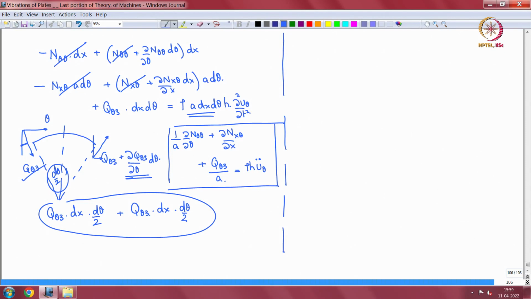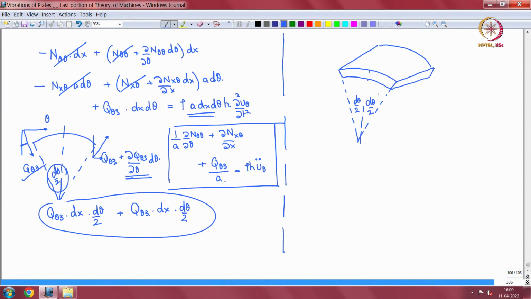Okay, so let's move on to the U3 equation, and I said I am going to take theta as alpha 1, d theta by 2, d theta by 2.